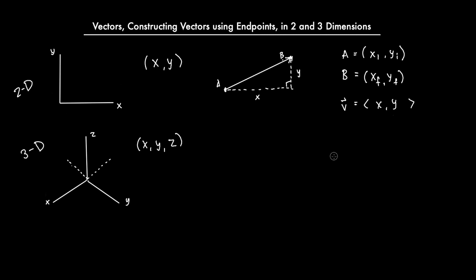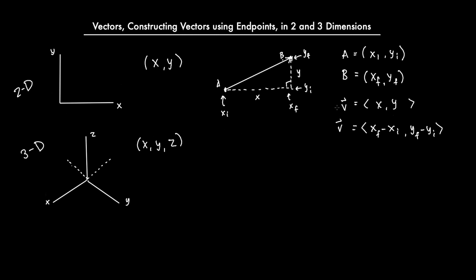So we can rewrite the vector as a combination between the points, which is x final minus x initial, and y final minus y initial. Because if we're just looking at the x horizontal line right here, the x final would be located right there, and the x initial would be located right here. And y final would be located right here, and y initial would be located right here.